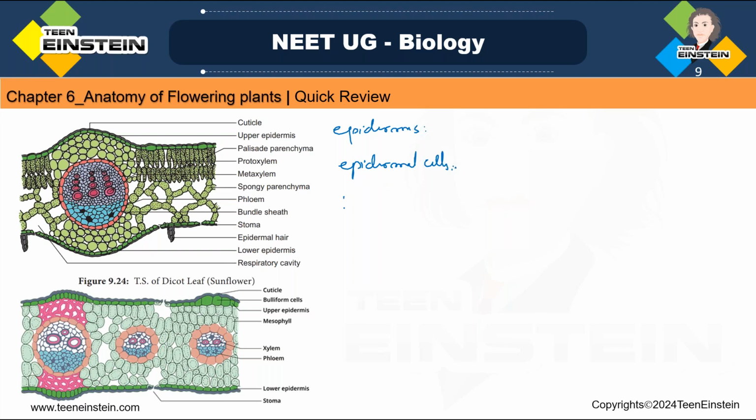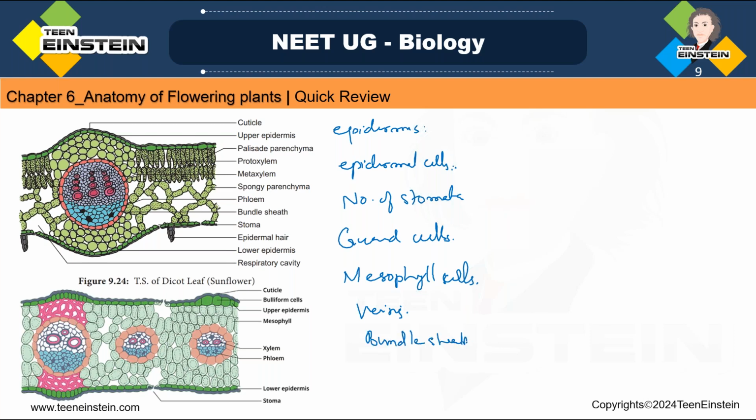Then number of stomata. Then comes the guard cells. Then mesophyll cells. This is leaf, right? So mesophyll cells also. Then about the veins. Then bundle sheath. And last about protoxylem also we need to mention.